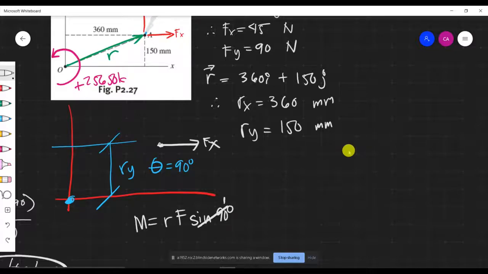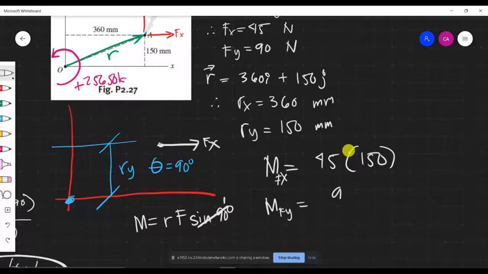So, basically, multiply na lang. So, moment is equals to moment due to Fx equals to 45 times 150 and the moment due to Fy is equals to 90 times 360. Okay?